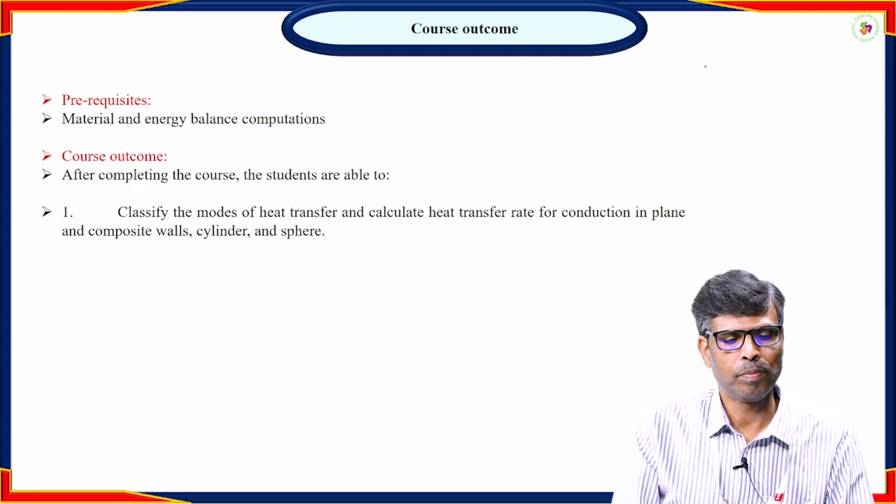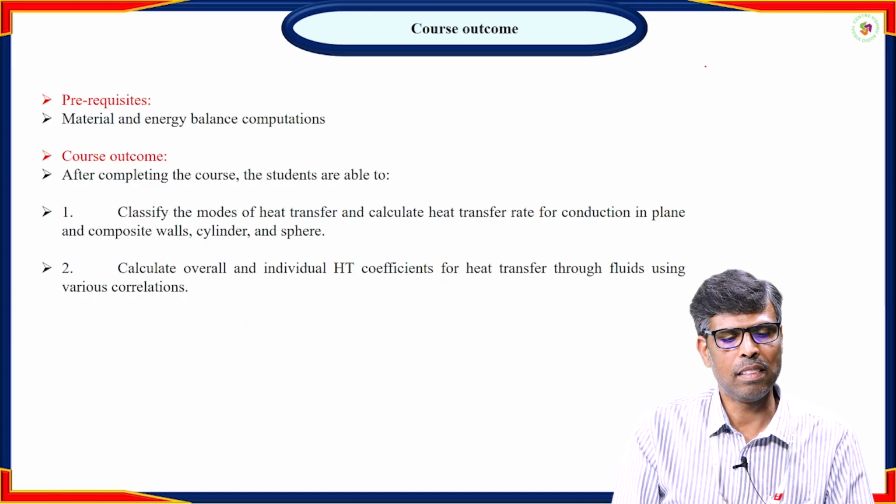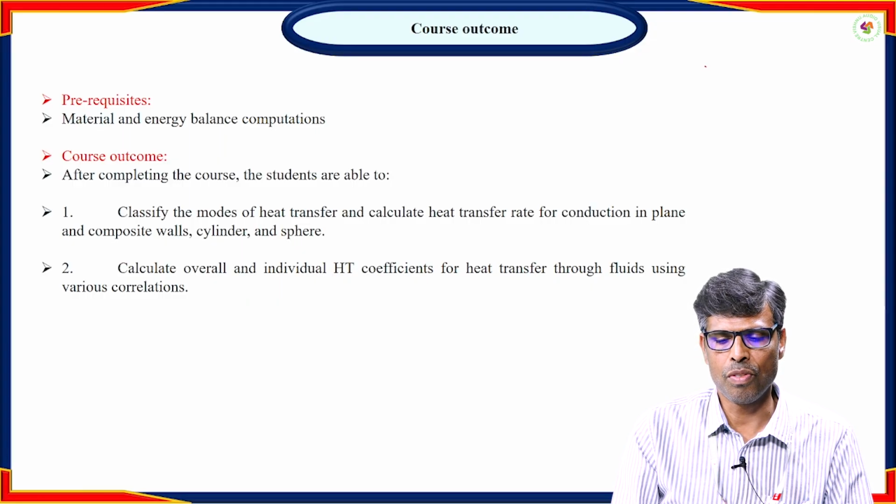Course outcomes. The first course outcome is to classify the modes of heat transfer and calculate heat transfer rate for conduction in plane, composite walls, cylinder and sphere. The second outcome is the relation calculation of overall and individual heat transfer coefficients.